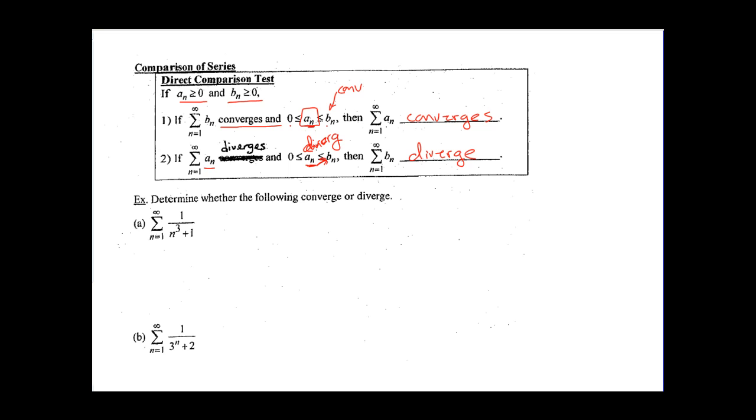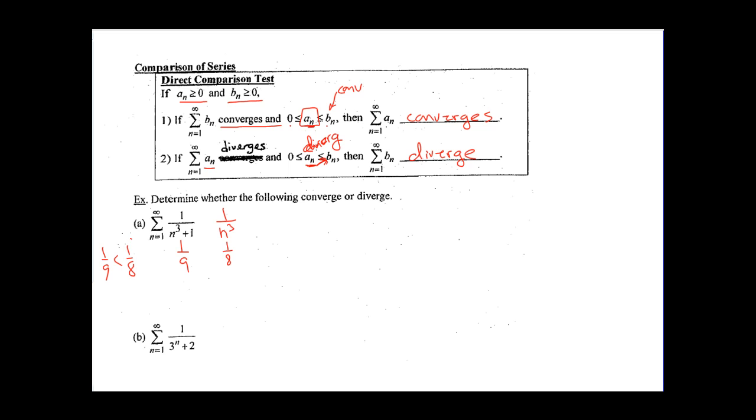Determine whether the following converge or diverge. So we're going to compare this to 1 over n to the 3rd. Now, let's pick some value for n. Let's say it's 2. If n was 2, this would be 1/8, and this one would be 1/9. And certainly 1/9 is less than 1/8.